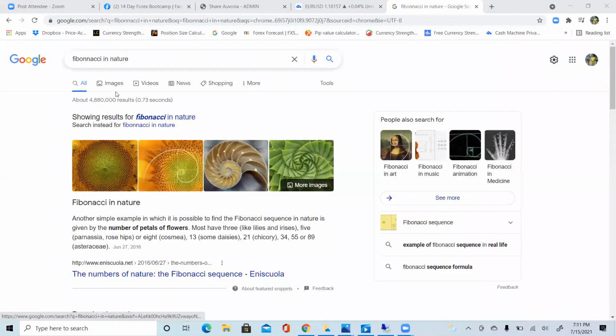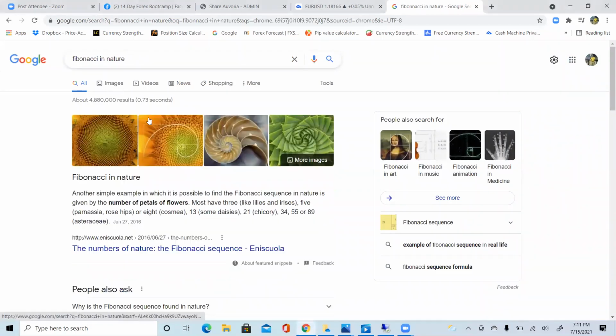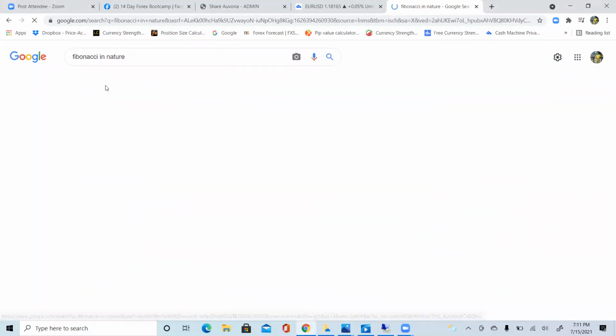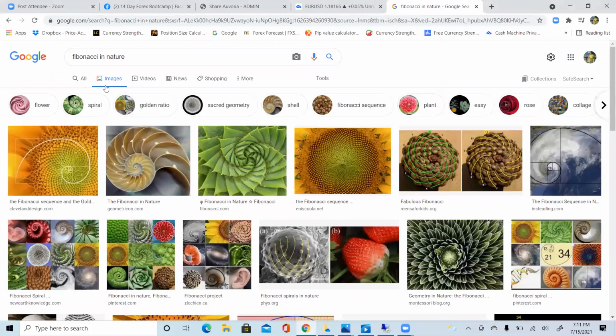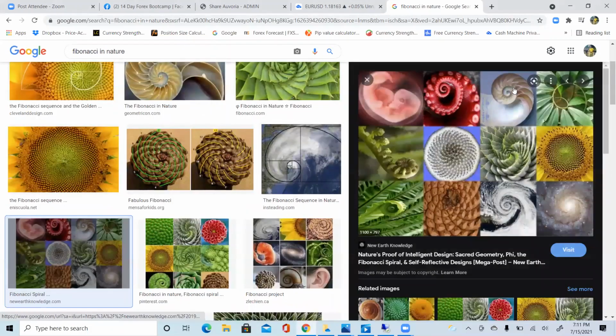So if you look, Fibonacci is more mathematical, taking highly advanced mathematics into the charts. And it's not necessarily you having to do this math. The numbers are already laid out for you. So this gives you an idea of things that are made in a Fibonacci sequence.